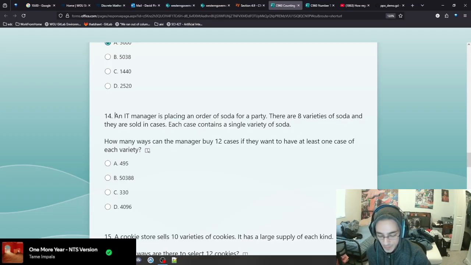But yeah. All right. So an IT manager is placing an order of soda for a party. There are 8 varieties of soda, and they are sold in cases. Okay, each case contains a single variety. So how many ways can the manager buy 12 cases if they want to have at least 1 case of each variety?